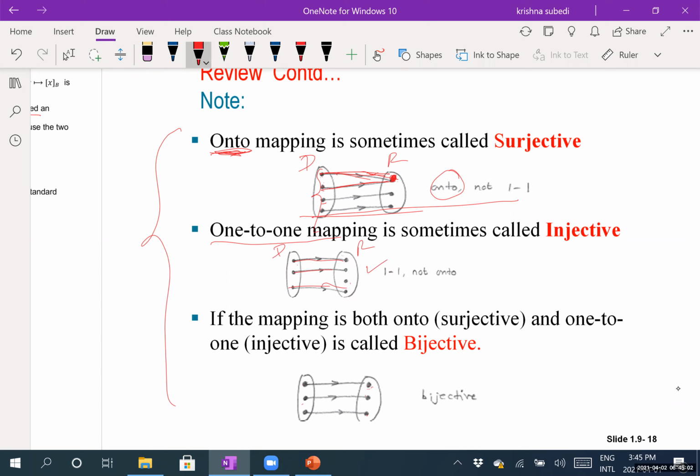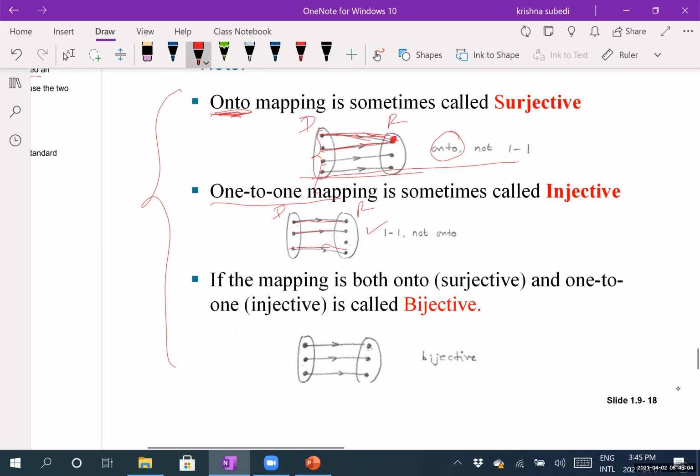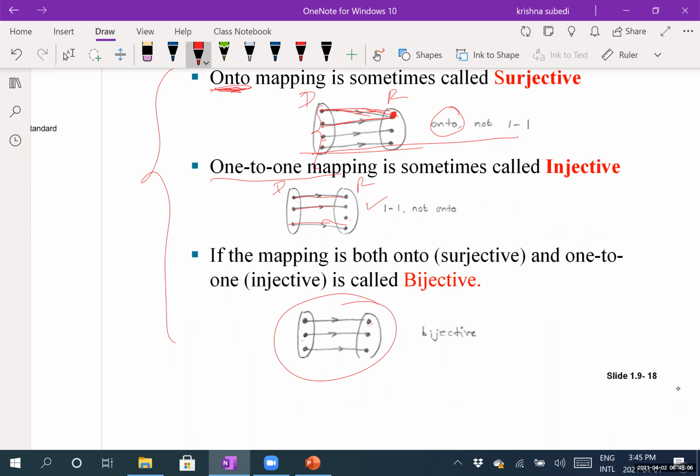And this mapping is called one-to-one and onto. And the special word that we use is bijective. Okay. And so this kind of figure is called isomorphism.